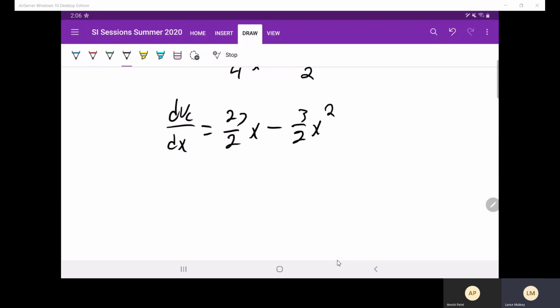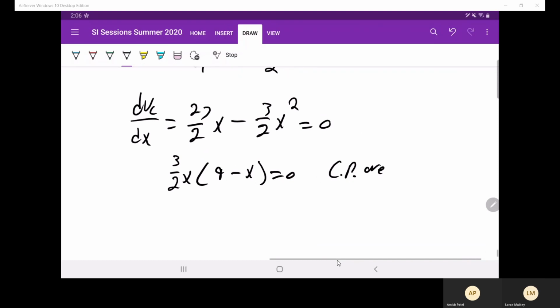So when you got this derivative, you got to set it equal to 0. Actually, now you can pull out 3 halves x times 9 minus x equals 0. So CPs are x equals 0 and 9.